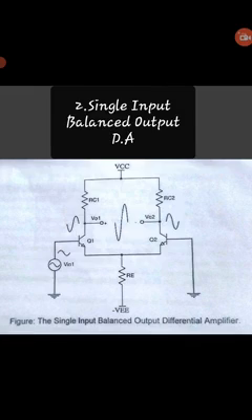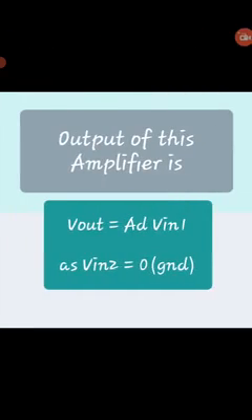In this type of amplifier, the output is Vout equal to AD Vin1, as Vin2 is equal to 0, which means the second input is connected to ground.